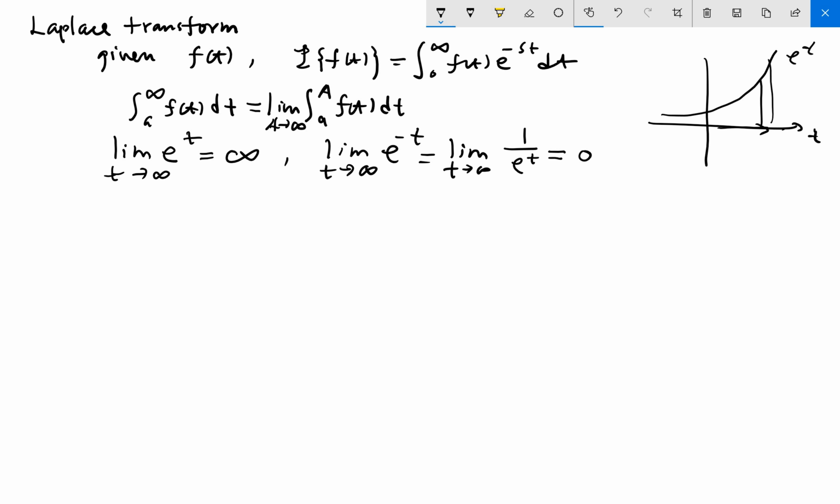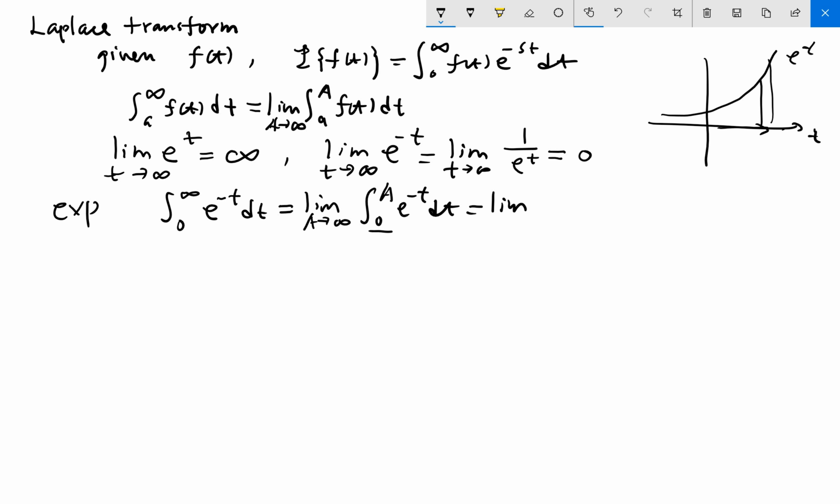Now let's look at some examples: for what kind of improper integral it converges, what kind it diverges. Let's look at this one: the integral from 0 to infinity of e to the negative t. By definition, this is equal to the limit as a goes to infinity of the integral from 0 to a of e to the negative t dt. This is a proper integral.